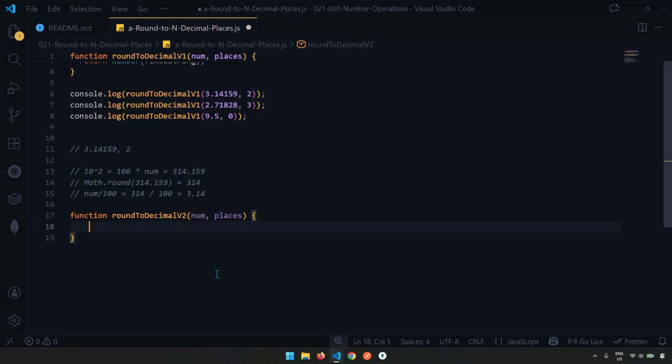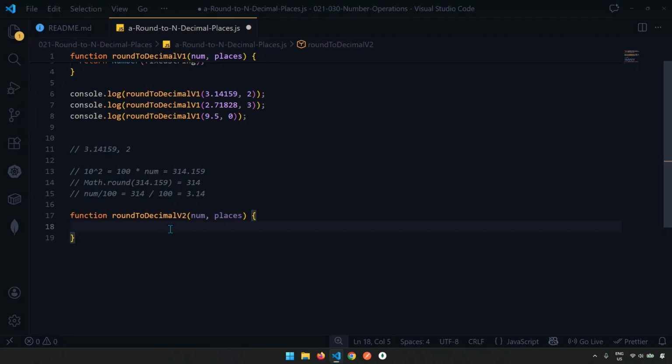And now we need to first find out this 100. It was 100 because it was 10 raised to the power of 2. We are always going to have 10, but this 2 is variable, it's dynamic. It comes from the places. So I can say places is going to be the exponent of 10.